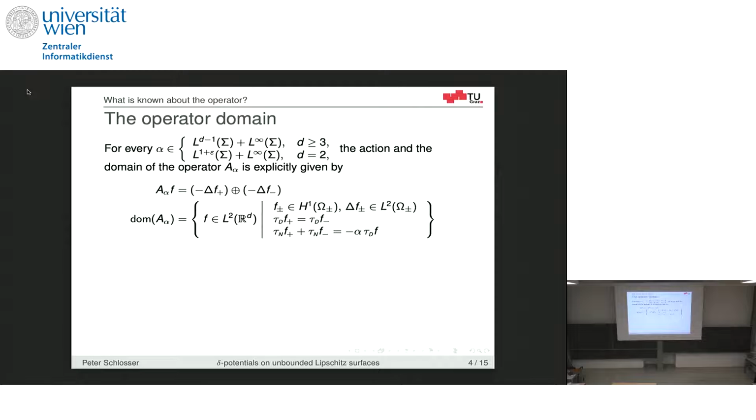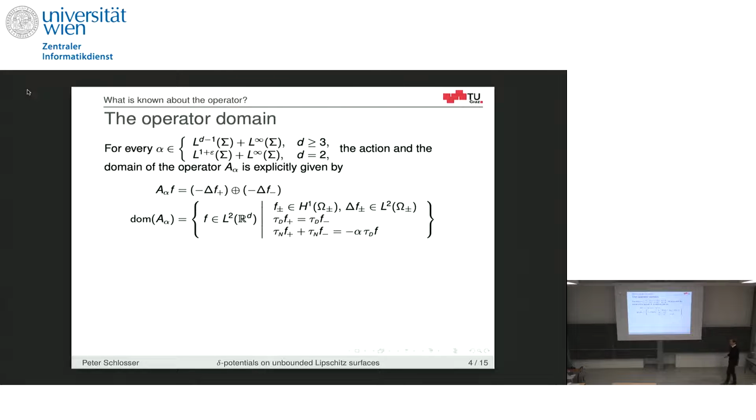So F plus is the restriction to the half space, and F plus and F minus are only the restrictions to these half spaces when I am on the hypersurface.